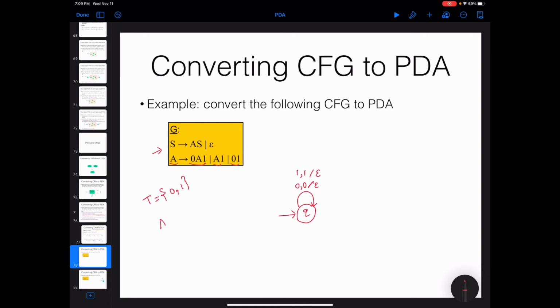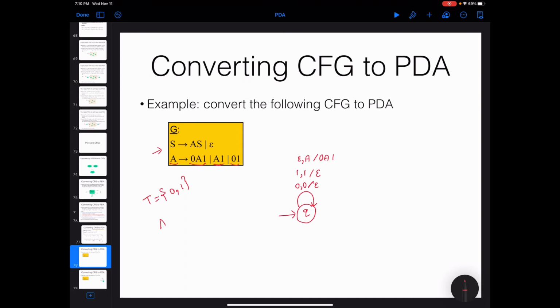The first rule tells me that without consuming anything from the input, if you see the token A on top of the stack, pop it and push the right hand side of the rule to the stack. So 1 will be first pushed, then A, then 0. You push from right to left so that the leftmost token is going to be on top of the stack.